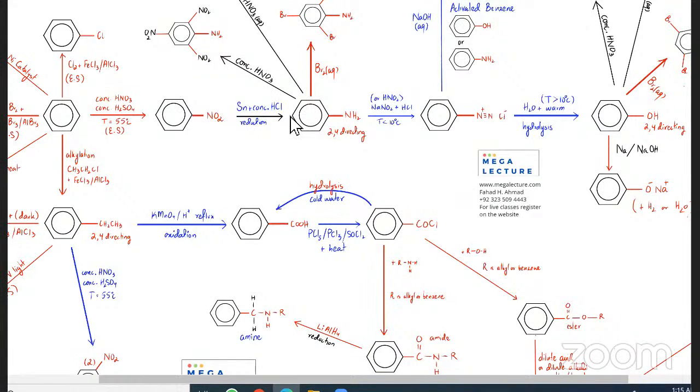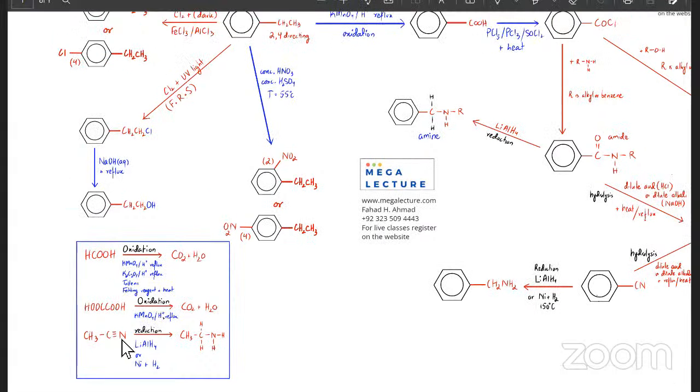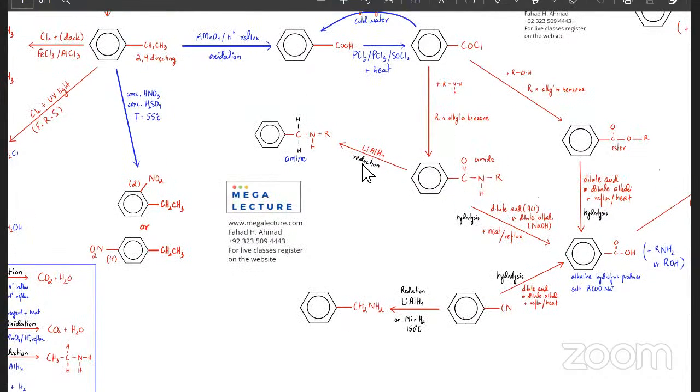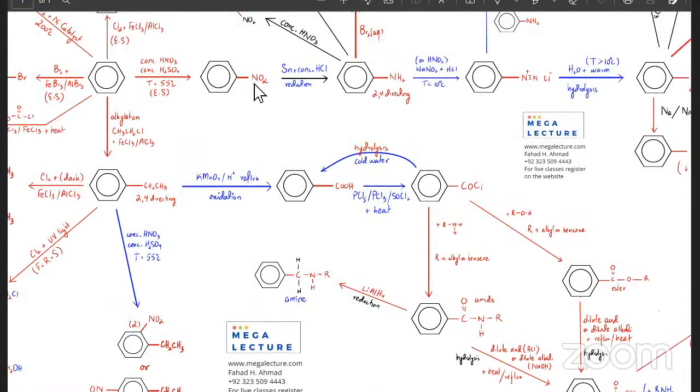Remember where LiAlH4 is used: reduction of nitriles. When you have CH3CN, that gets reduced into an amine by LiAlH4. It's also used for amides, which are reduced using LiAlH4, but not this one. Nitrobenzenes are reduced with tin plus concentrated HCl. That's it.